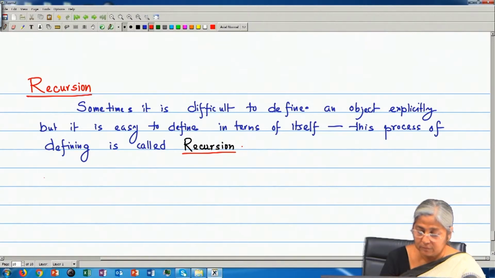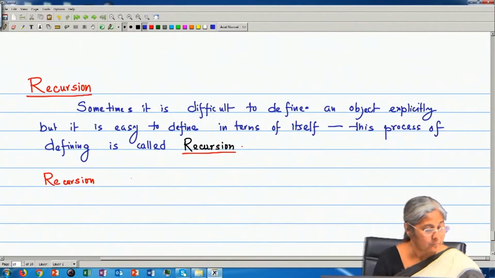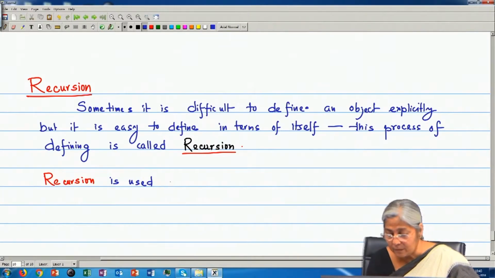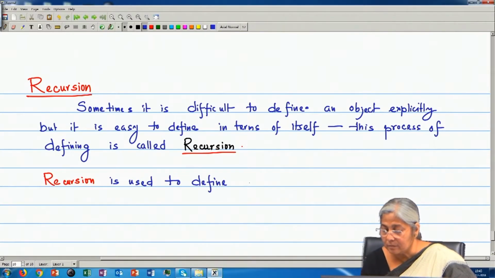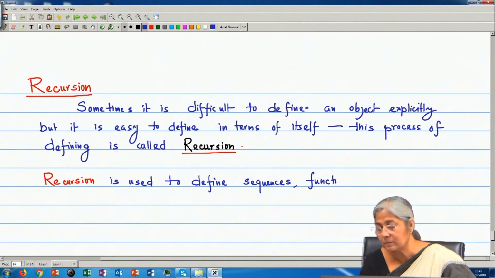So, I can write: to define sequences, functions, and sets.